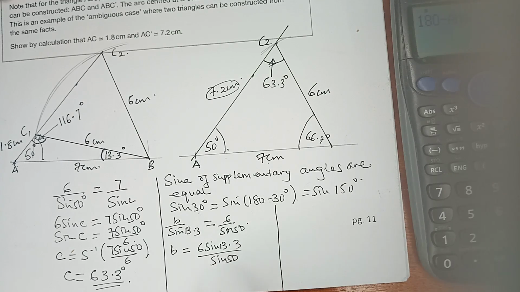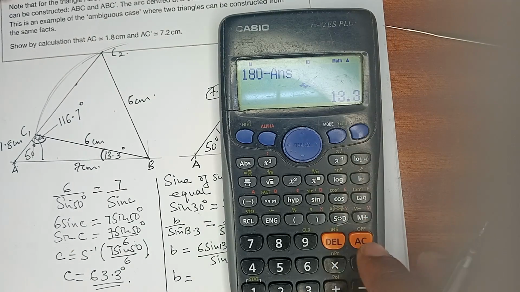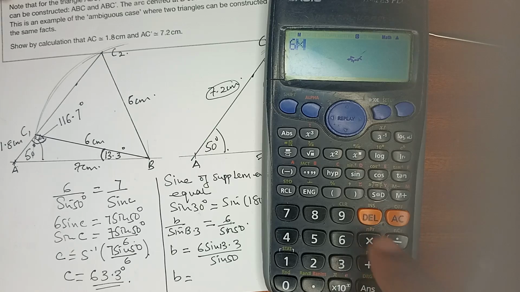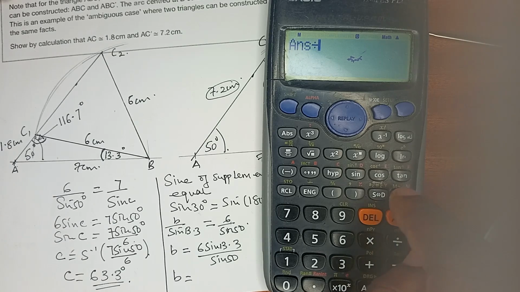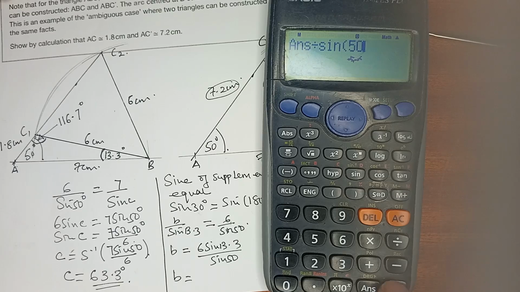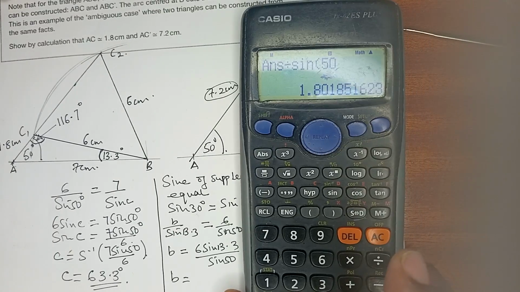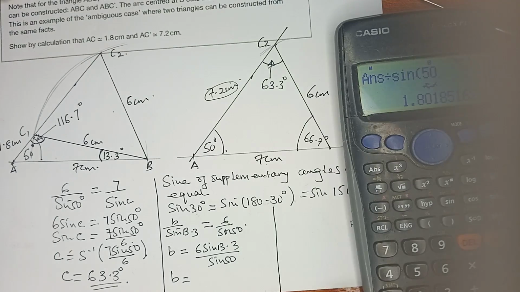That is after cross multiplication. And B is, let us see, 6 times the sine of 13.3, which when you divide by the sine of 50 degrees, gives us 1.8. So B is 1.8 centimeters.